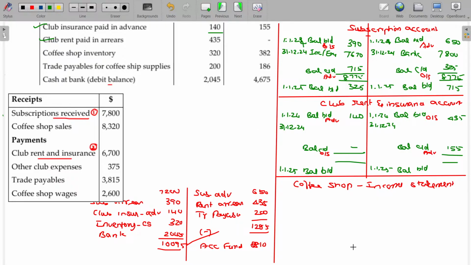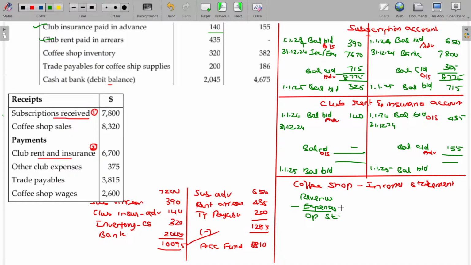Coffee shop income statement. So here, revenue from sale of coffee or any items in the coffee shop, minus expenses. This is income and expenditure. You can remember opening inventory plus purchases.